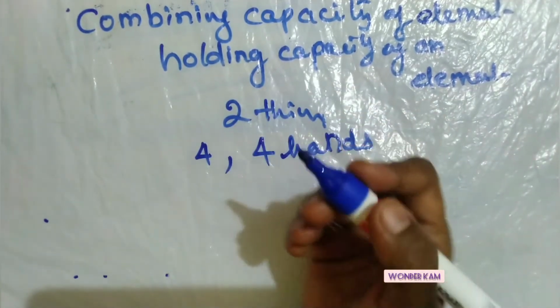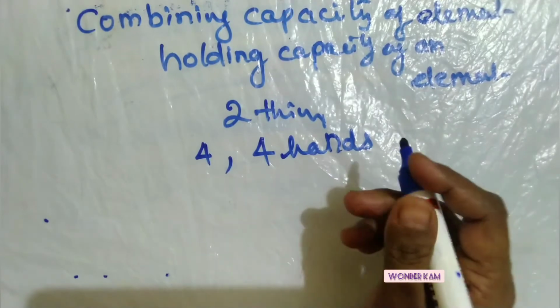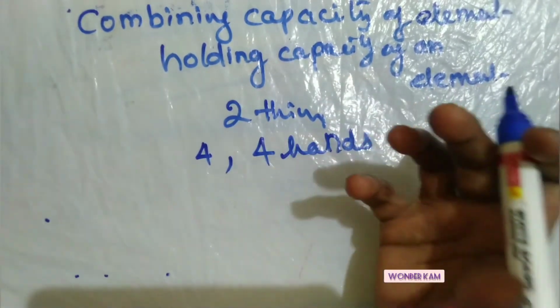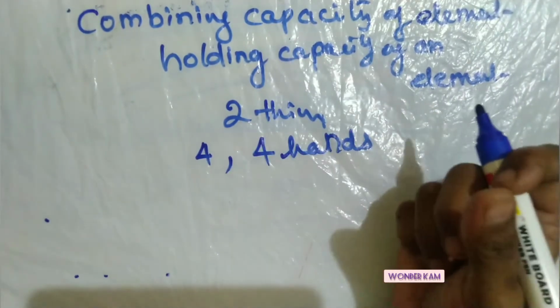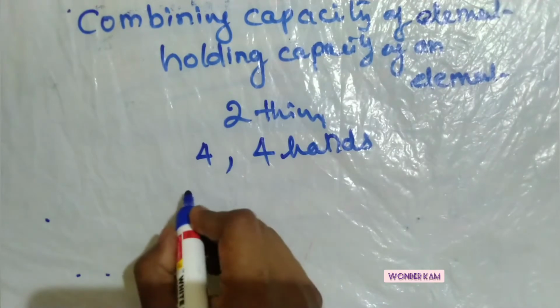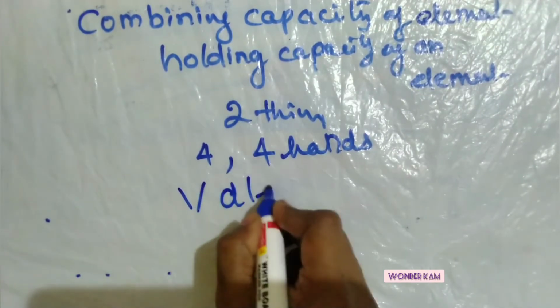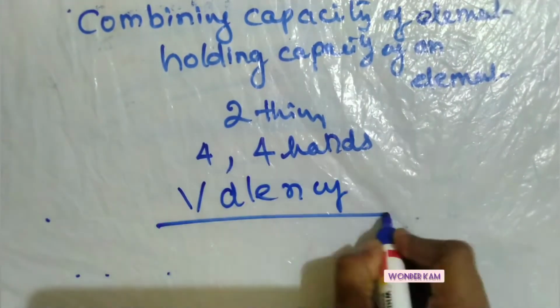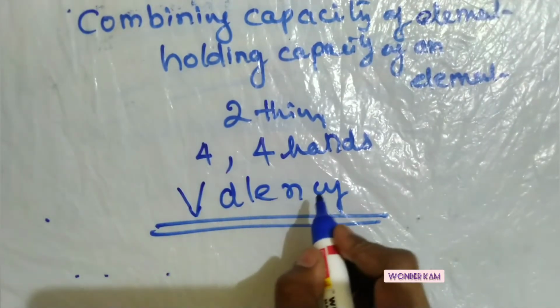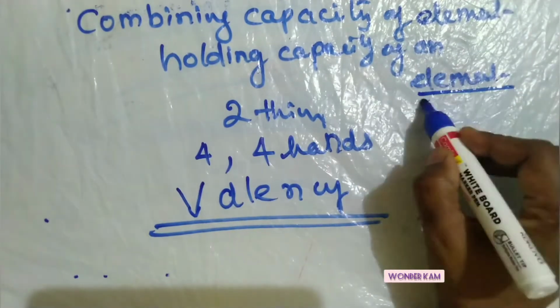Goddess Durga has 10 hands, so she has the capacity of holding 10 things at a time. Likewise, the holding capacity of an element is chemically known as valency. This term you should know, valency. Valency is the holding capacity of the element.